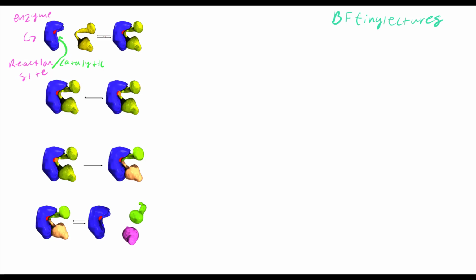Now, what is this mushroom-looking thing? Well, the mushroom-looking thing is called the substrate, okay? So that's called the substrate. Now, essentially what happens here, well, first of all, we're going to do some shorthand. So E is going to be enzyme, S is going to be substrate, okay? So first of all, this enzyme is kind of molded, right?